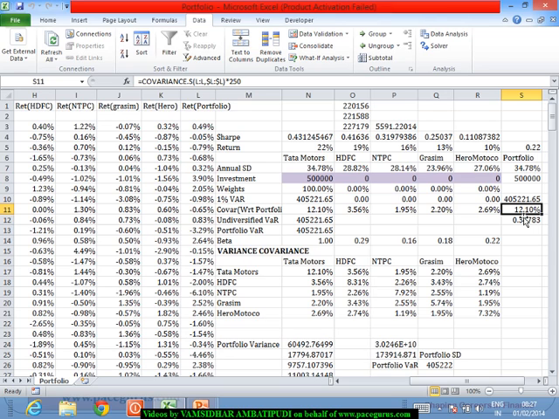If I take the variance of the portfolio, I'm simply computing this. So the square root of this will become the standard deviation.